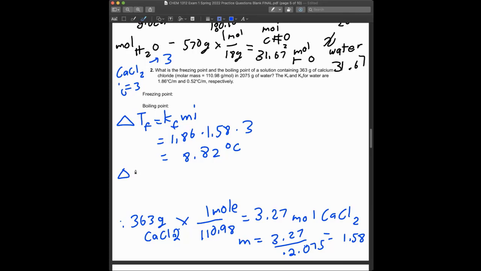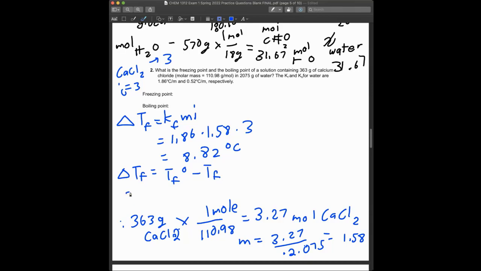But that's not yet, because we found the degree of change in freezing point, and now we have to find the actual freezing point, the new one. So it's going to be KF, the initial minus the true one.